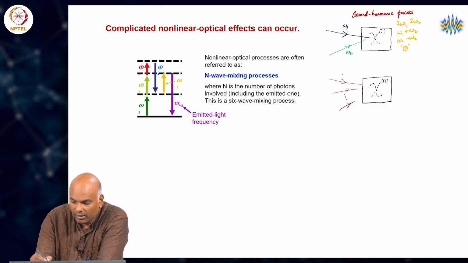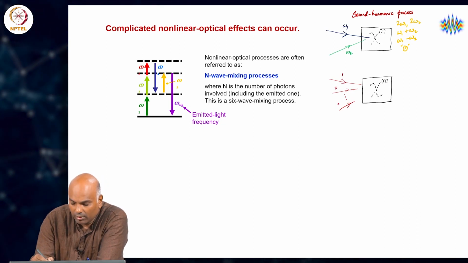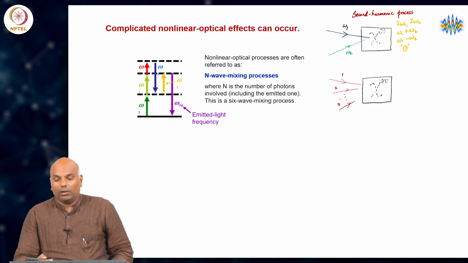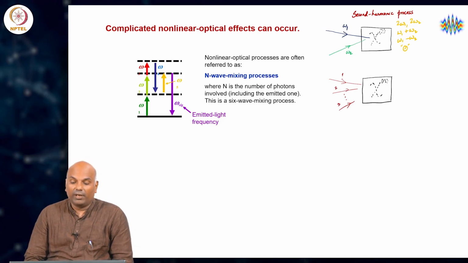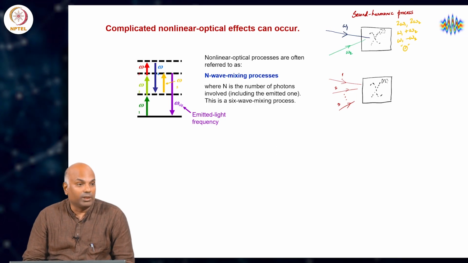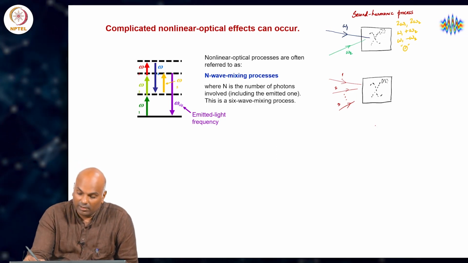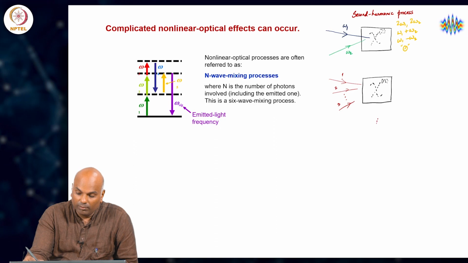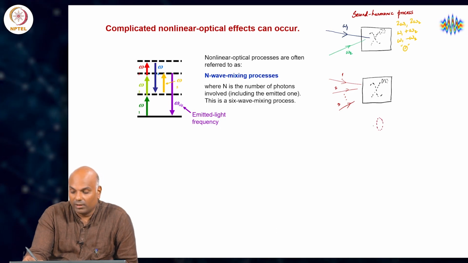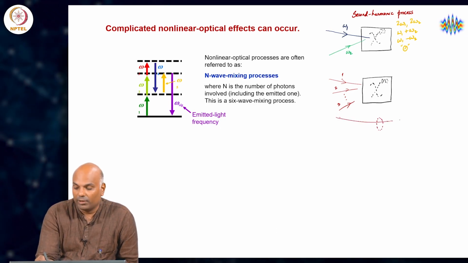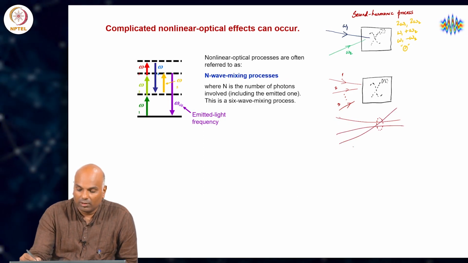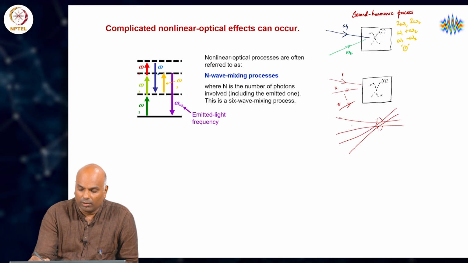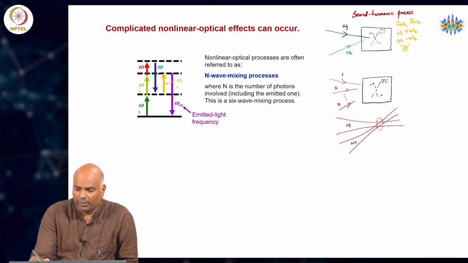I mean, n seems a little bit of an exaggeration, it needn't be, but we could in principle have n beams interact in a medium, but the key thing is they should interact, that is in a certain volume of the medium. It is the experimenter's job to make sure that all the n beams are focused down with a good degree of overlap, right.